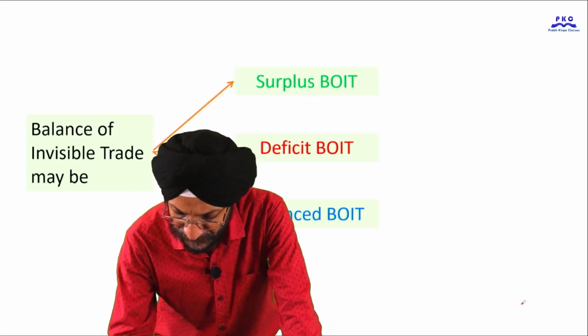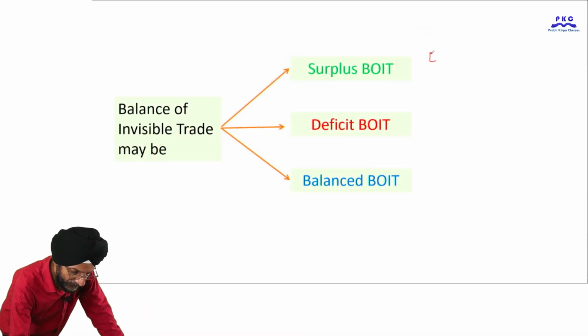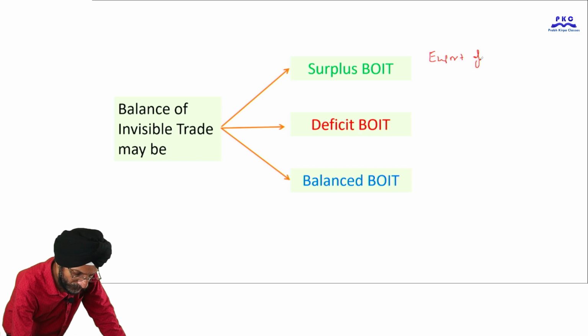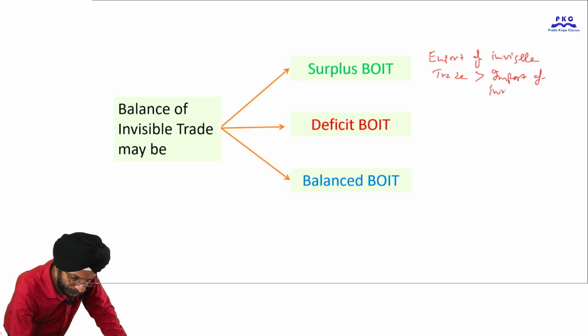Surplus balance of invisible trade occurs when export of invisible trade is more than import of invisible trade.